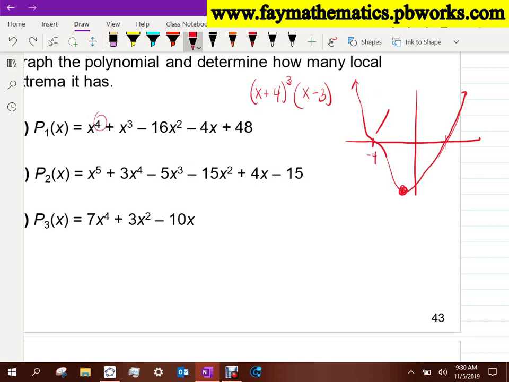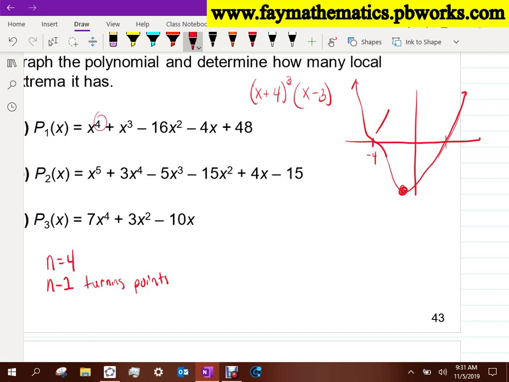Okay, so if n was 4, we're allowed to have n minus 1 turning points. Was I allowed to have n minus 2? No, because that would have been 3. Or, sorry, that would have been 2, right? And we said 2 couldn't happen. Was I allowed to have 1?